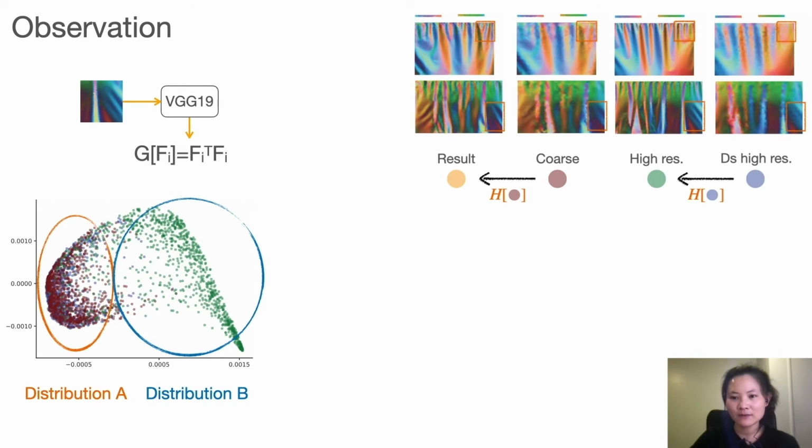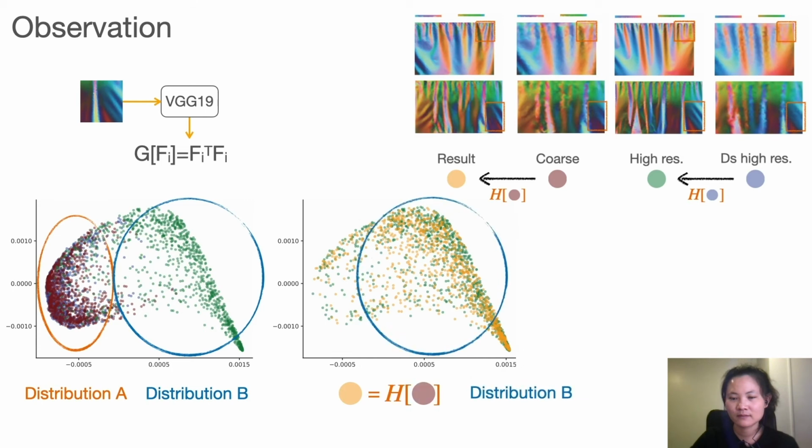The patch style features of the high resolution are distributed in another region. Our transfer function is able to transfer the style features of the coarse normal map to the same distribution of the high resolution.